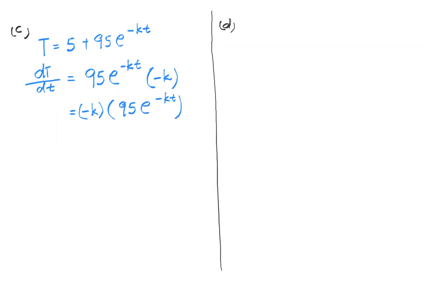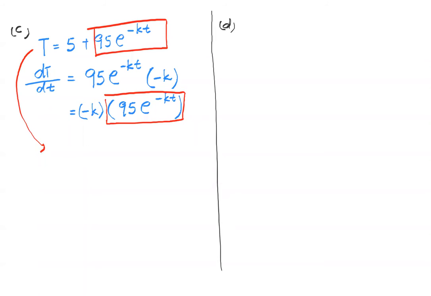But the question wants us to show a different thing, correct? So now, this thing and this thing, are they the same thing? So can I say that 95 e to the power negative KT is the same as T minus 5?